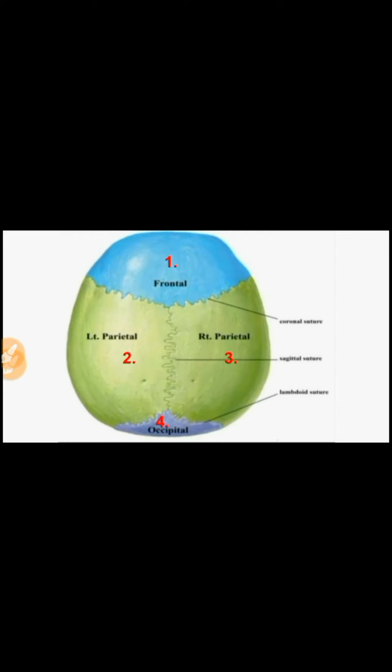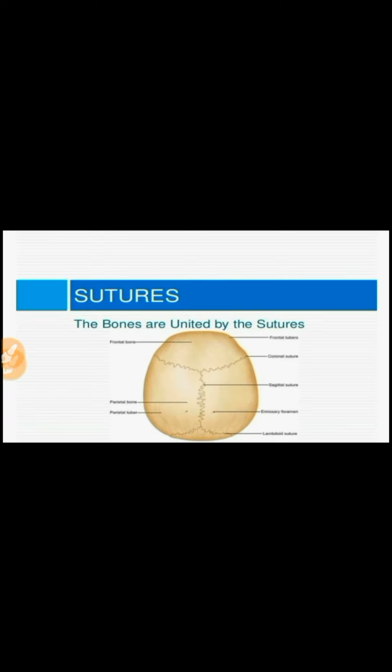So 4 bones you can see: 1, 2, 3, 4, frontal, left parietal, right parietal and occipital. We have already discussed this in the neurocranium.